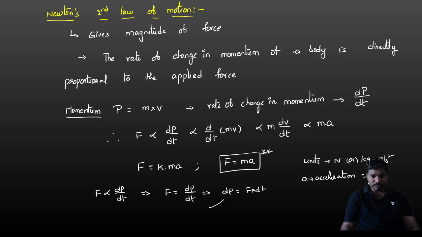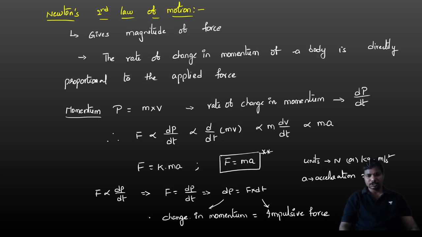Okay, so that means you can say here change in momentum, just not rate, just change in momentum. Very important question. Change in momentum is equal to force into time, which is the impulse, impulsive force. Okay, very important. Change in momentum is equal to impulse.